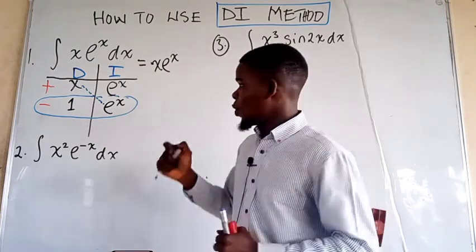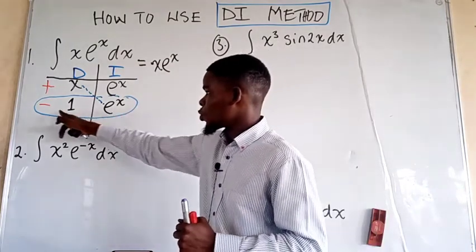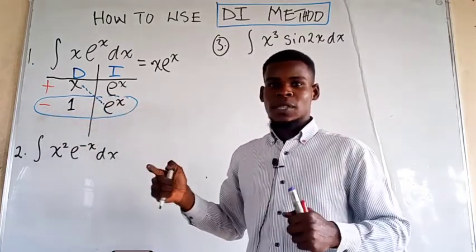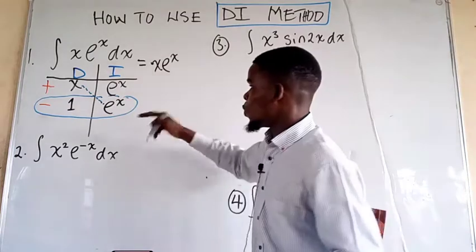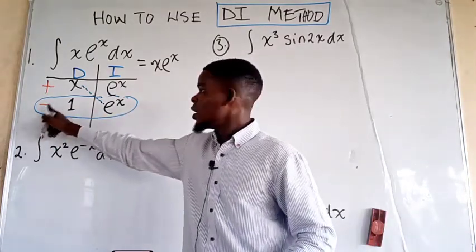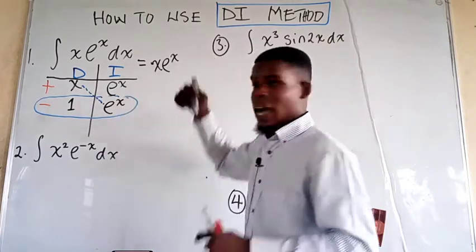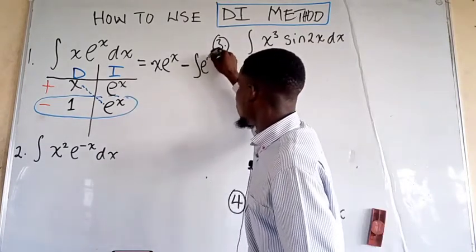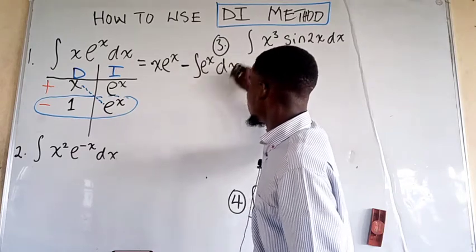Now, we multiply the product of the last row, like I've circled it here. And when we do that, we integrate that one. So if you multiply e to the power x with negative 1, remember, that will be negative e to the power x. And you integrate that, that will be minus the integral of e to the power of x, and you put down the dx.